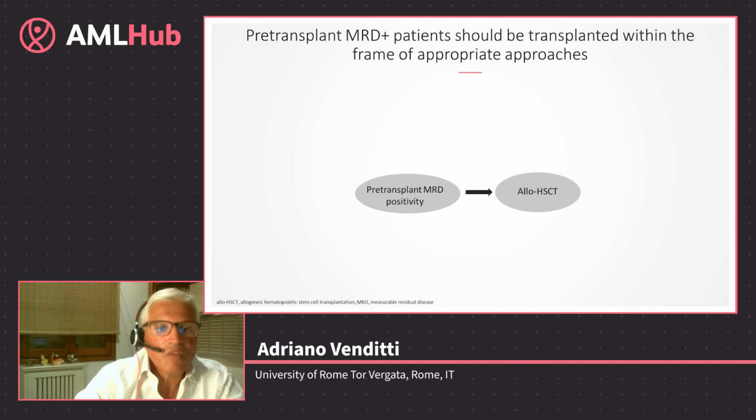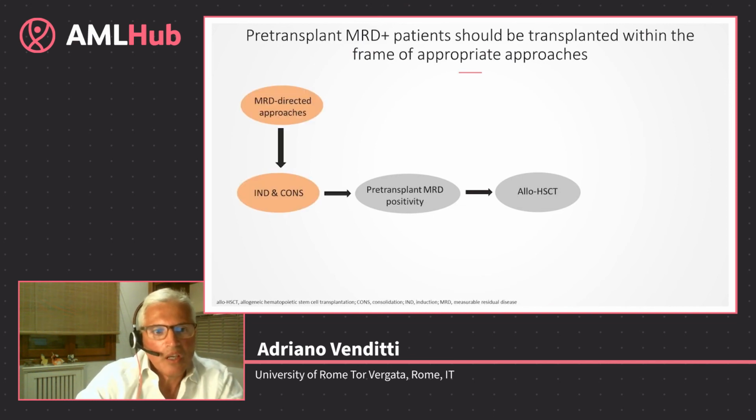I think that based on this, we have 3 different levels of intervention. A sort of prevention level, adding on top of chemotherapy the new agents that we have available, in the attempt to reduce the number of patients who are MRD positive before the transplant.